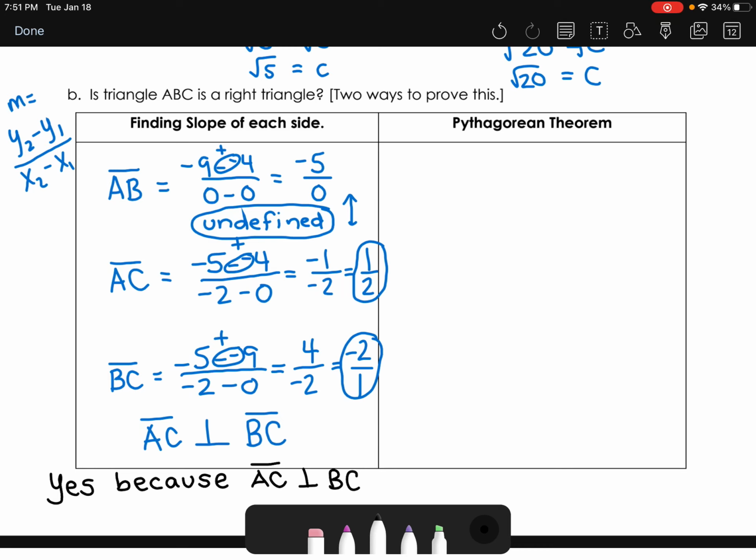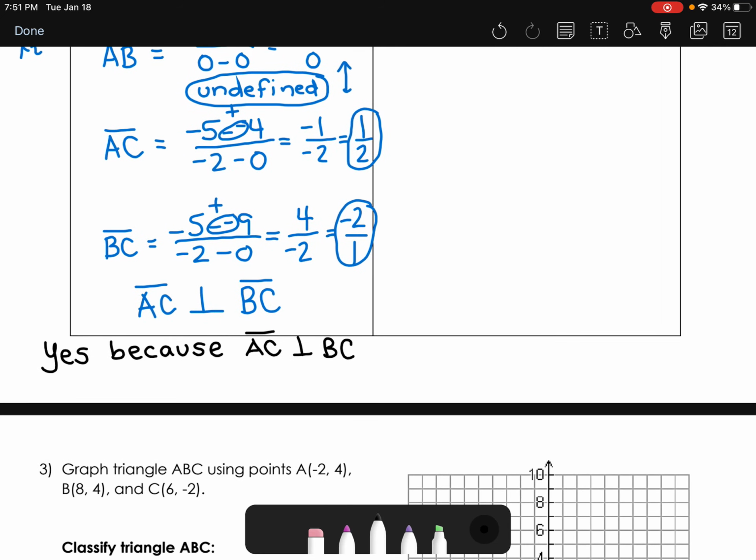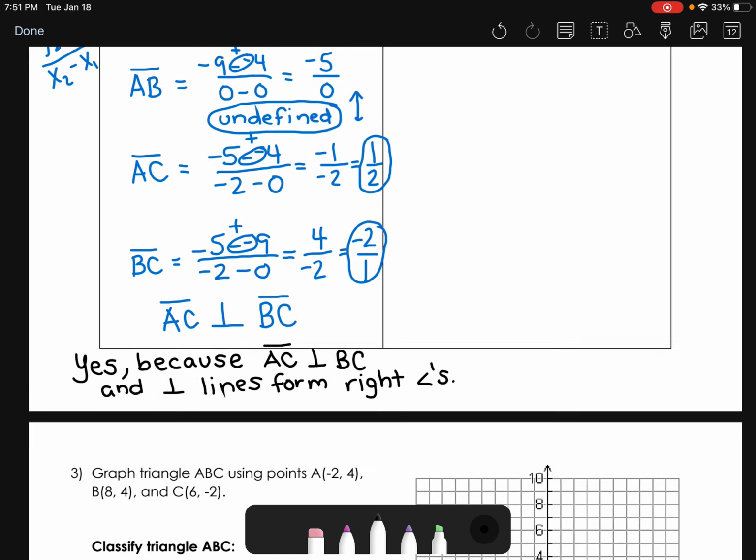And just to get used to the language here, guys, perpendicular lines form right angles. So yes, ABC is a right triangle because AC is perpendicular to BC, and perpendicular lines form right angles. Boom. All right. So we do have a right triangle.